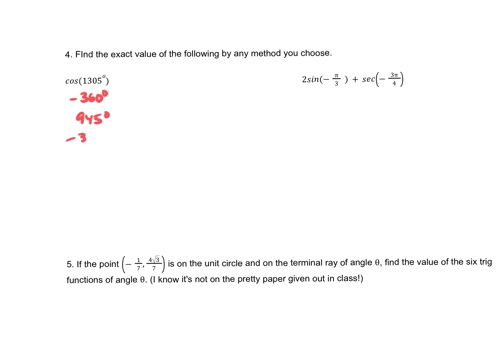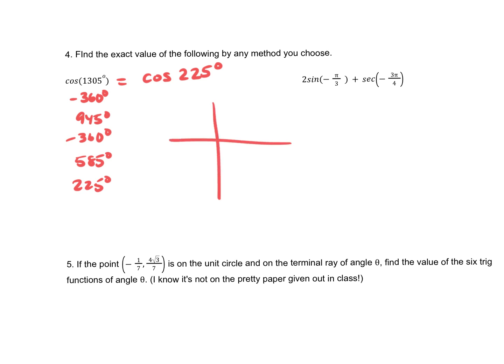That's too big, so I'll subtract 360 again. And I get 585. That's too big. So I'll subtract 360 again, and I'll get 225. Which is fine, because that's on our unit circle. So the cosine of 1305 is the same as the cosine of 225.